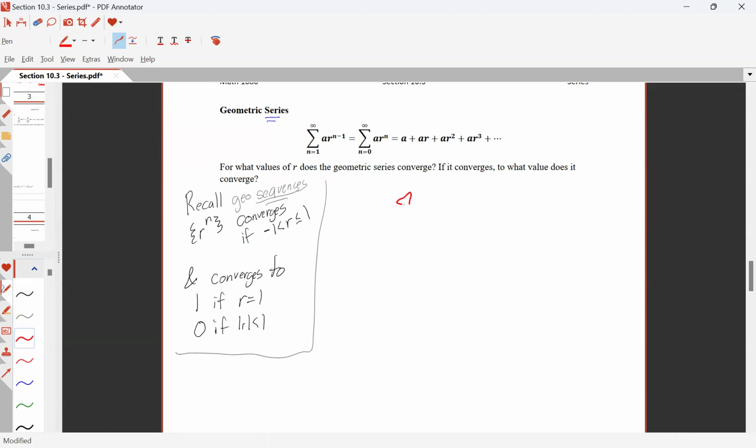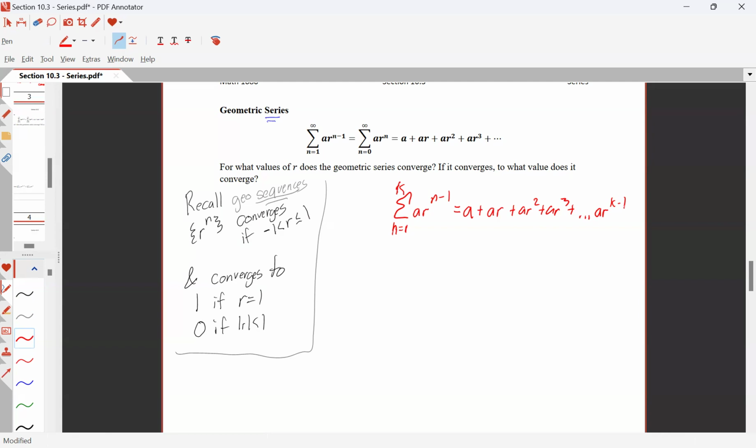So, looking at the sequence of partial sums, n equals 1 to k of a r to the n minus 1, this is equal to a plus ar plus ar squared plus ar cubed plus so on until we have ar to the k minus 1. Because the sequence of partial sums does stop eventually.